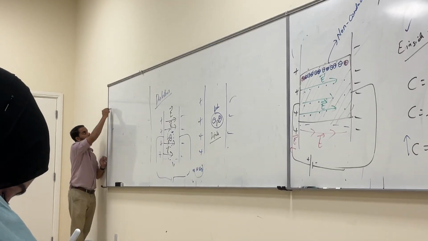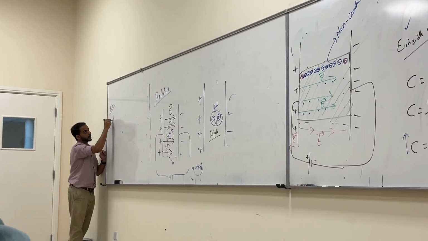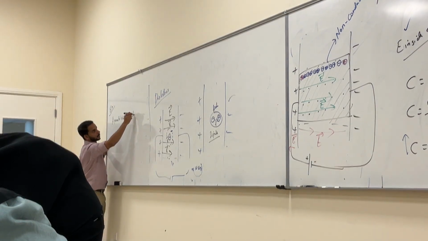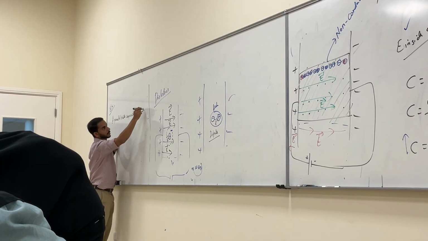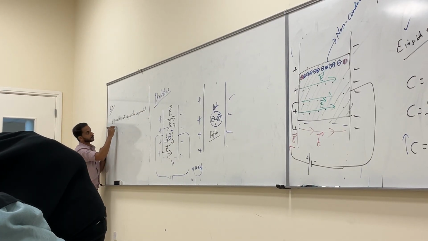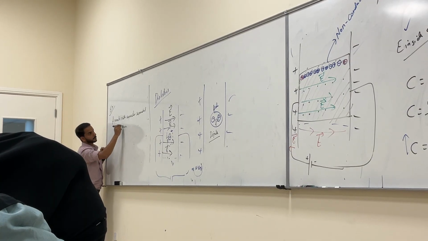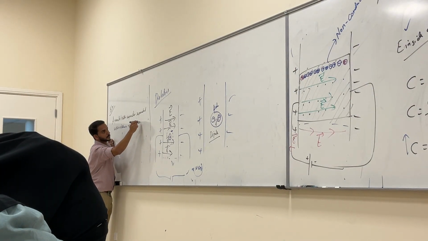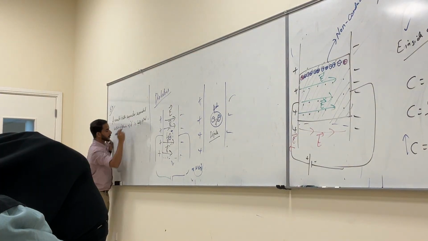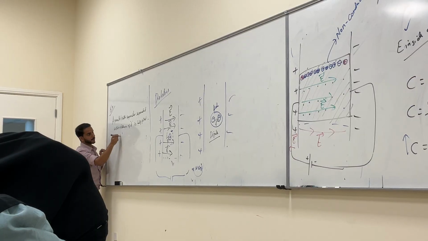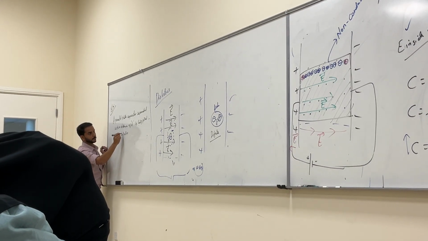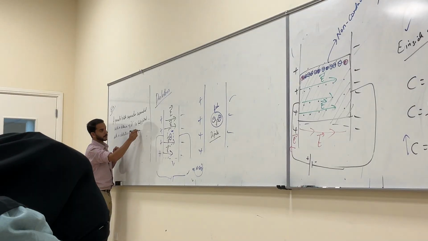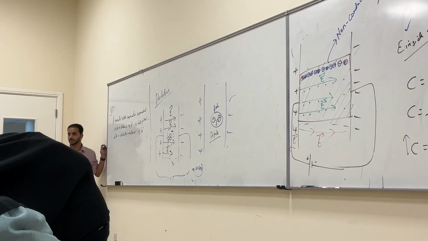For example, a parallel plate capacitor separated with a distance of d is half filled with a dielectric material, where K is the dielectric constant of that material.